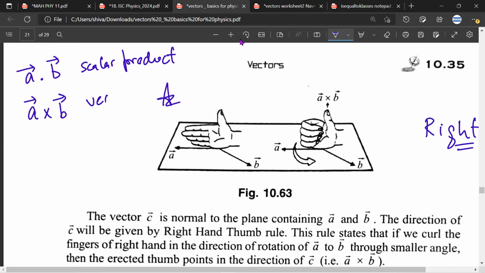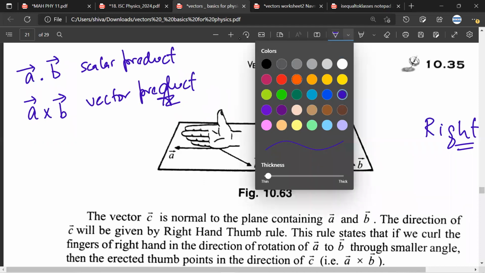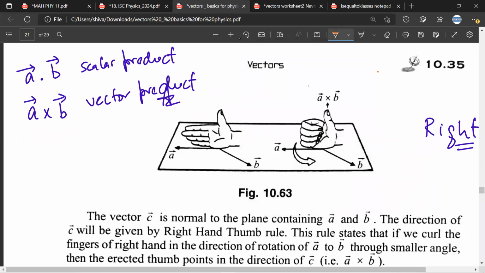This is what is called a vector product. Then, just to add to the confusion, the scalar product is also called the dot product, because there is a dot here. And the vector product is also called the cross product, because there is a cross here.